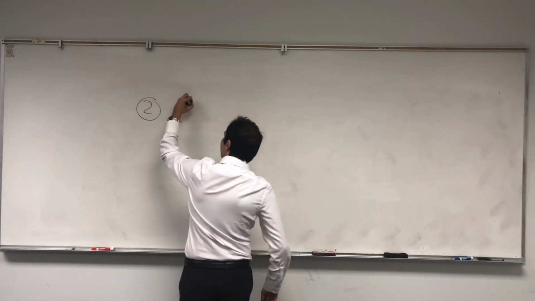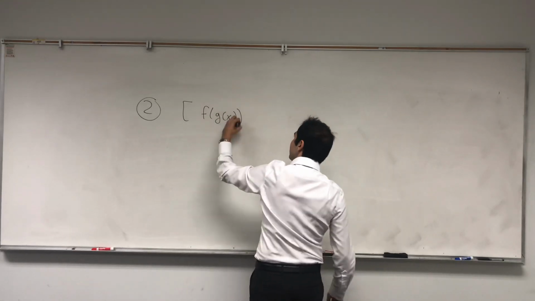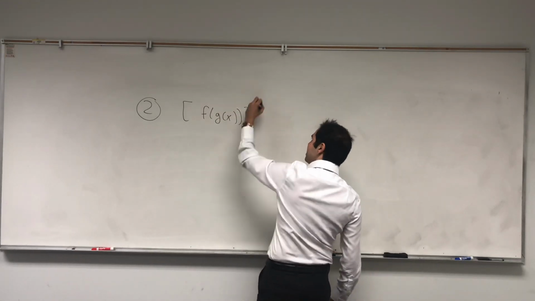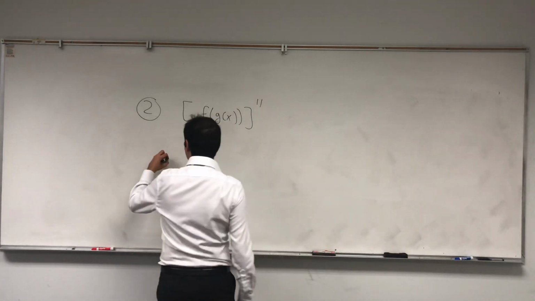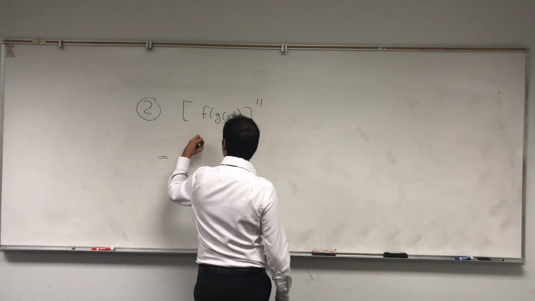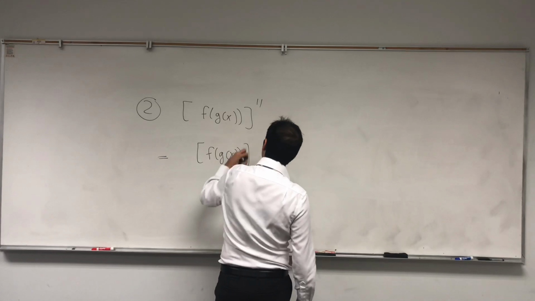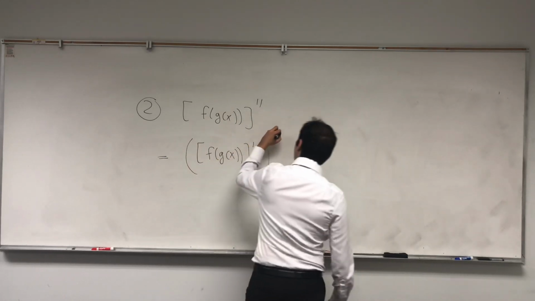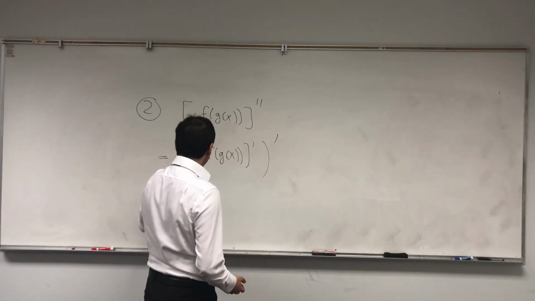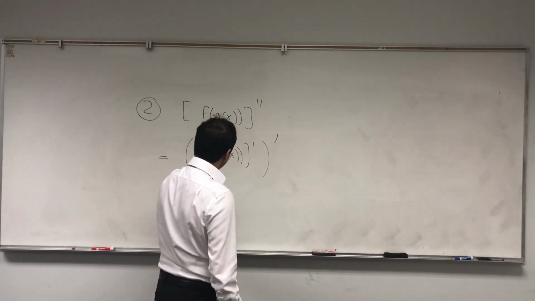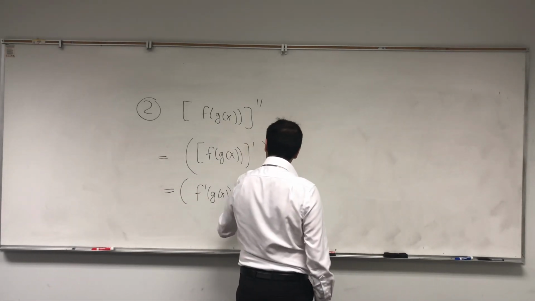So far we've learned how to do the derivative of f composed with g, but the question is, what is the second derivative? The only trick to notice really is that it's the derivative of f composed with g prime, and then prime. And now we can just use the chain rule, so that becomes f prime of g of x times g prime of x.